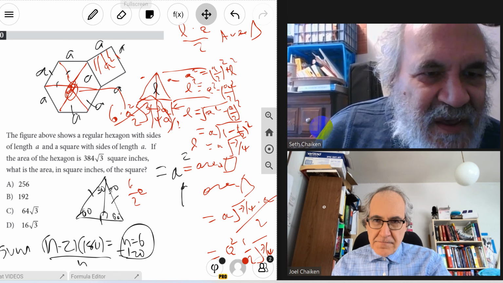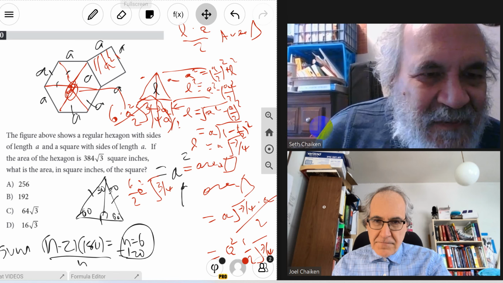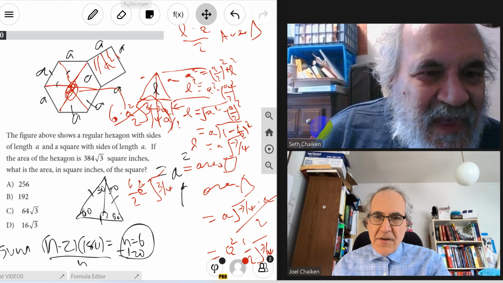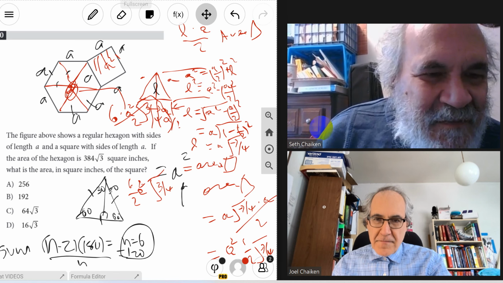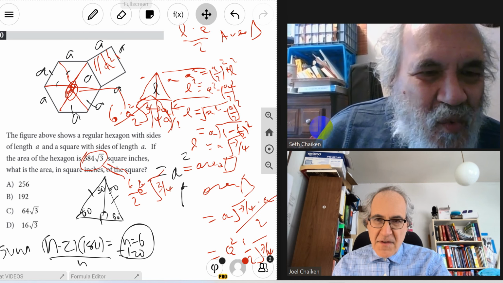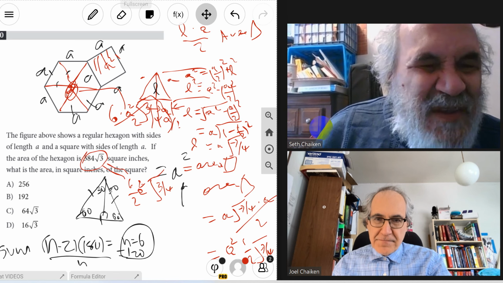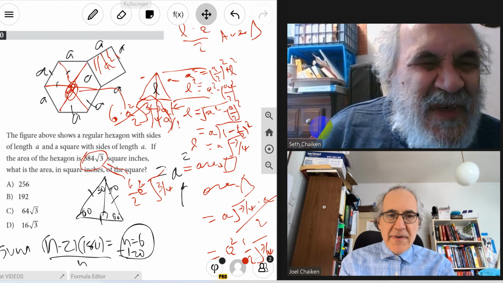6/2 A squared times the square root of 3/4. Right. This thing equals this. What is A? But we want A squared, the area of the square.